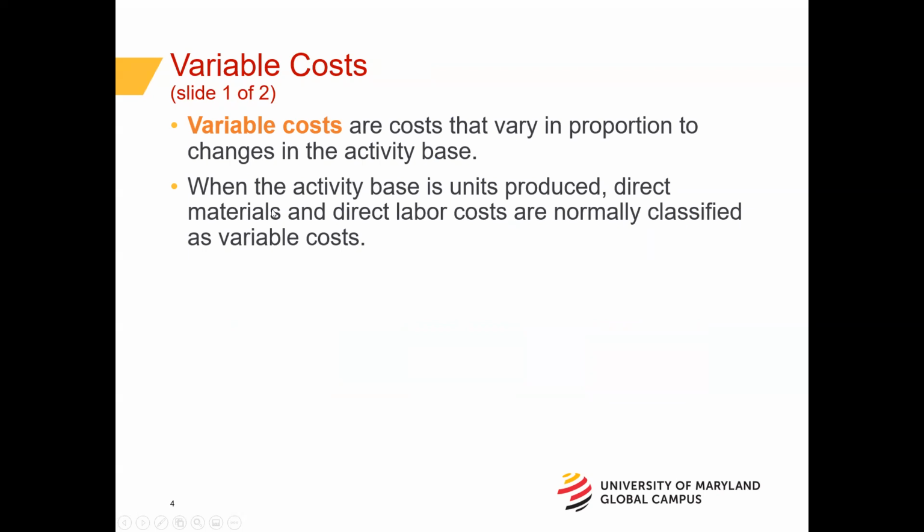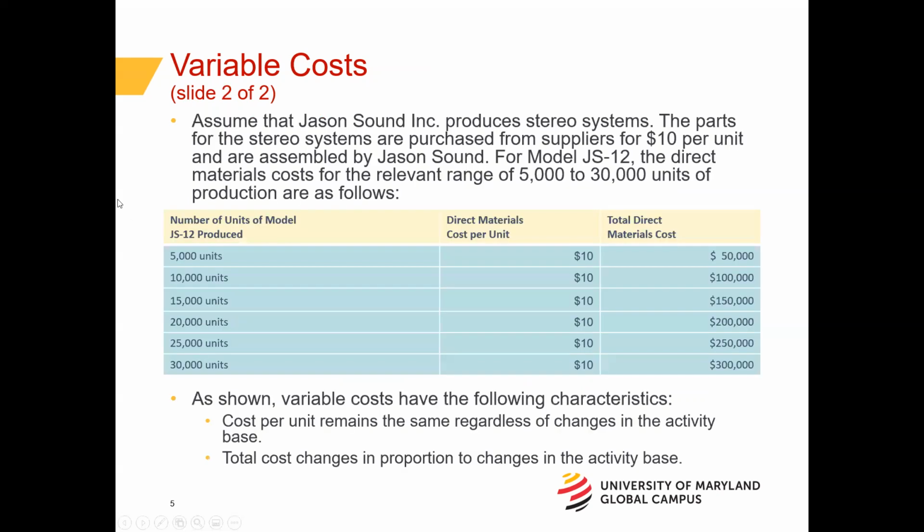So looking at it a little bit further, variable costs change with the levels of output. And again, the variable costs typically include direct materials, direct labor, especially when we're talking about manufacturing. So here's an example. We have a company that manufactures stereo systems, and we have $10 per unit of direct materials to make one stereo system.